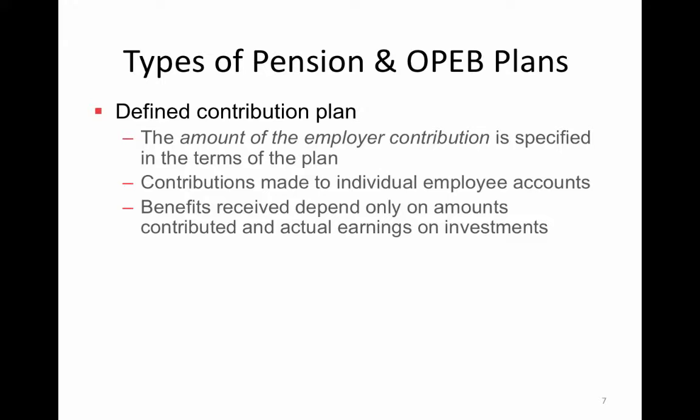So the government is not on the hook for a specific benefit, just to contribute a certain amount each year, and then basically all the risk is on the employee, in terms of what they will ultimately get based upon how that money is invested, and in some cases the employees have control over how that's allocated, what types of investments, similar to a 401k.